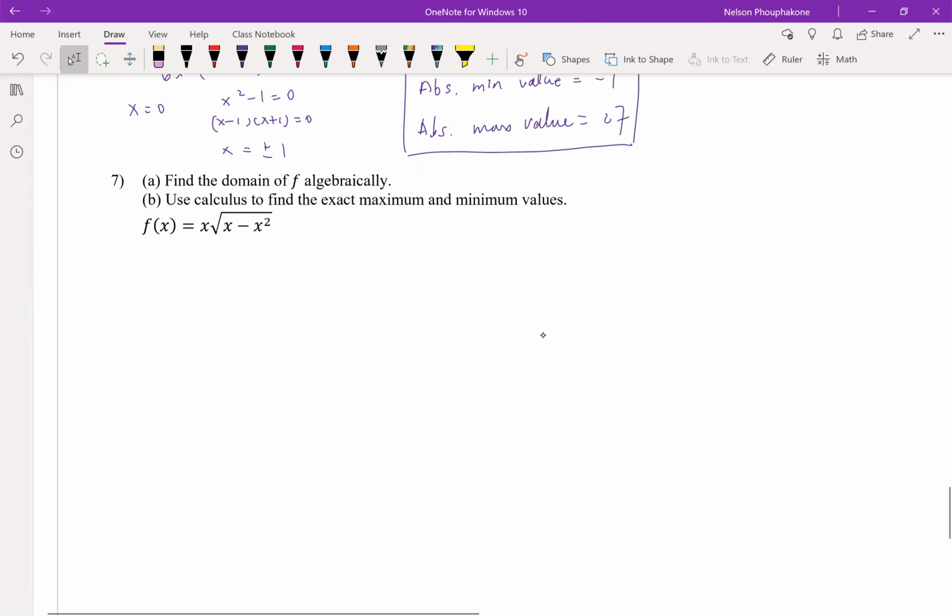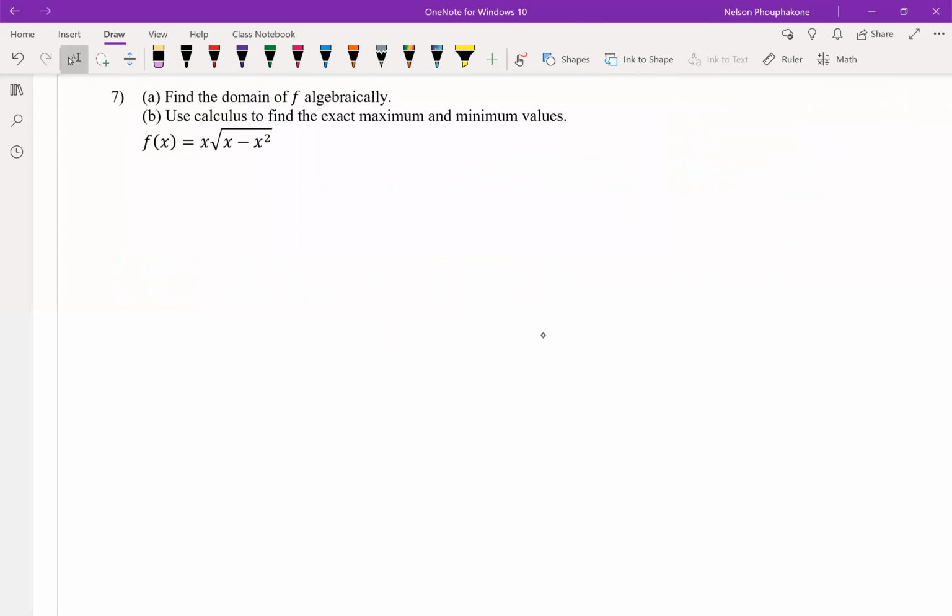Now you will see that this function involves a square root, so we want the radicand to be greater than or equal to 0. How do we find the domain?